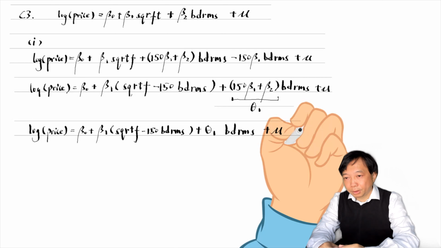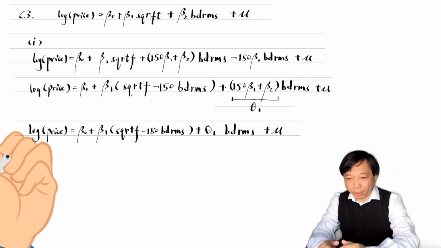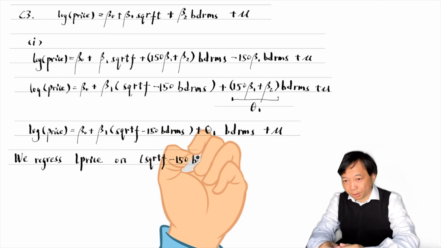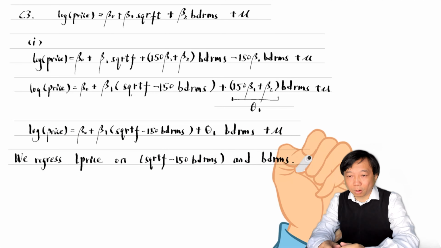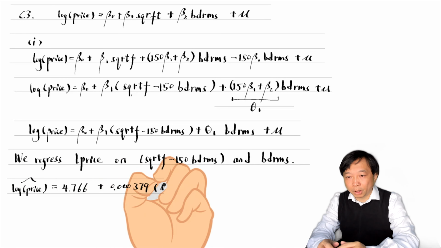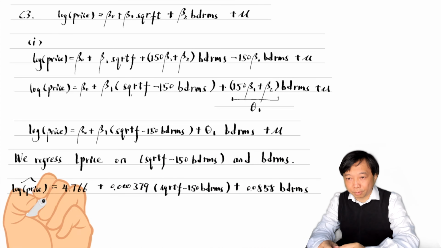We find that the equation has a composite variable equal to squared feet minus 150 times bedrooms. We generate this new variable first and then regress the log of price on it and the bedrooms. The estimate of theta 1 is 0.0858.